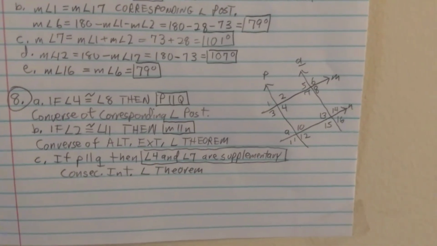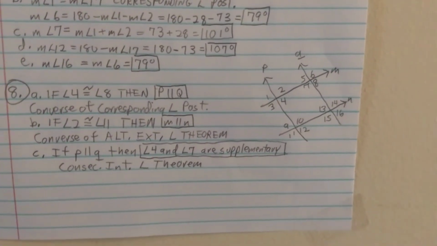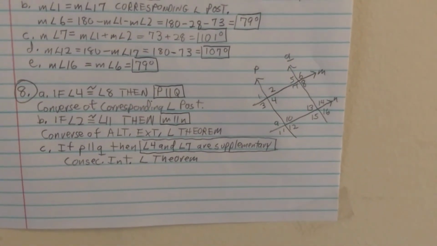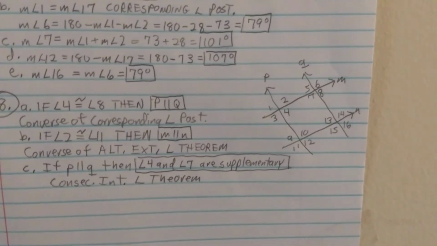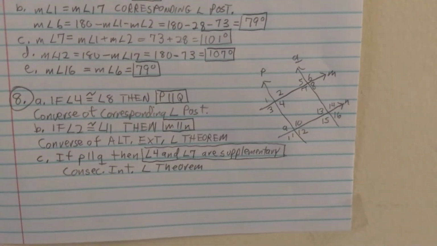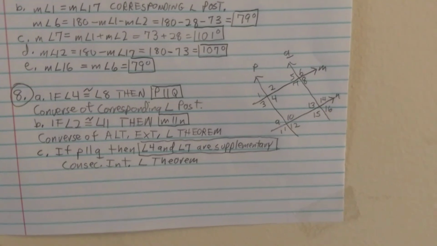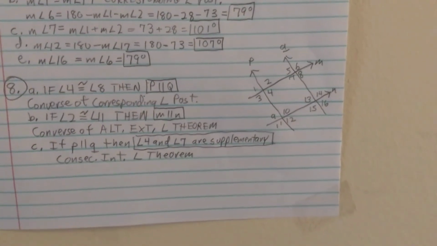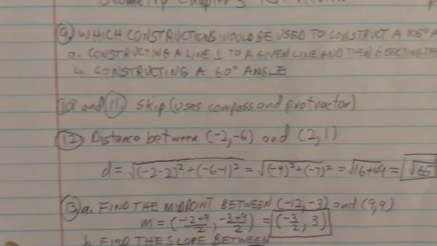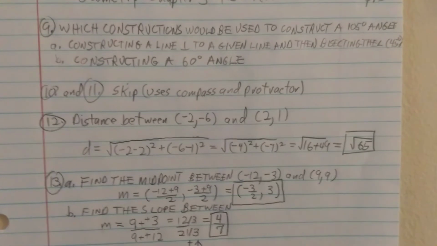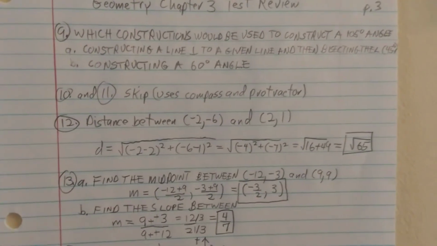And if 2 is congruent to 11, then M is parallel to N by the converse of the alternate exterior angle theorem. And if P is parallel to Q, then 4 and 7 are supplementary by the consecutive interior angle theorem.